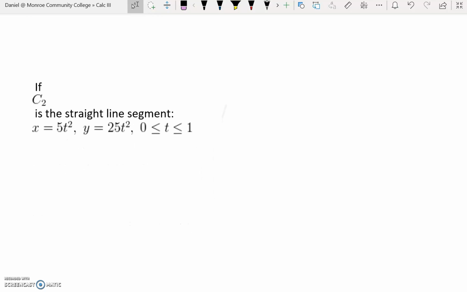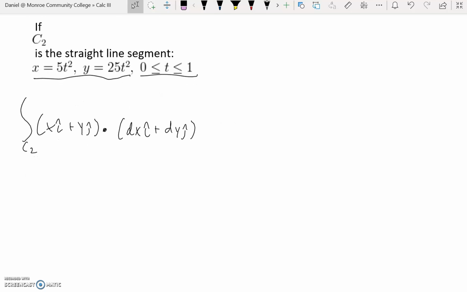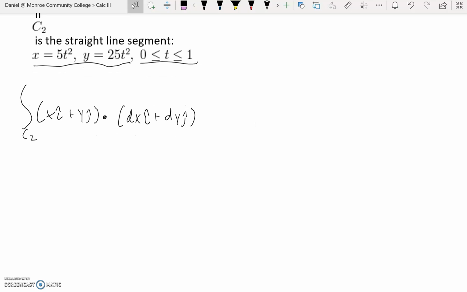It's pretty much the same approach again, except we have different bounds and different values for x and y. So for C2, we have x i plus y j times dx i plus dy j. So again, we have to find our dx and dy.